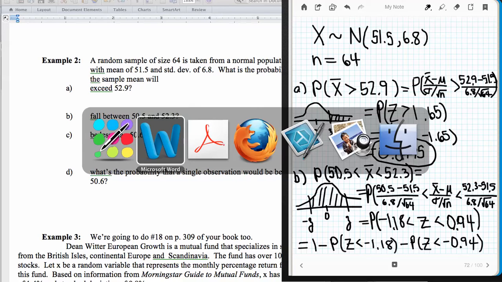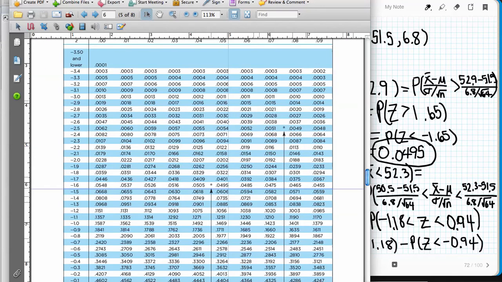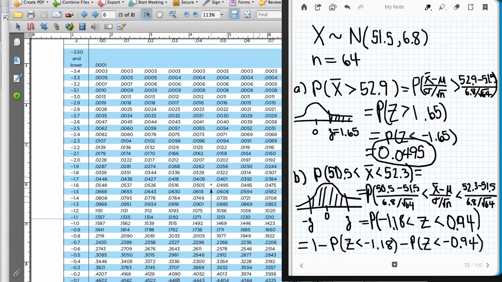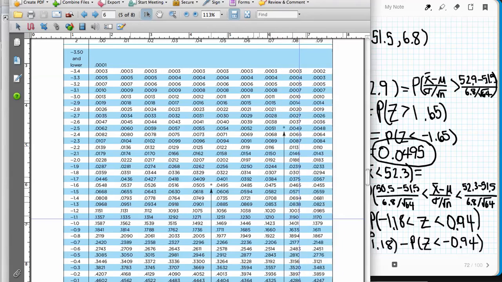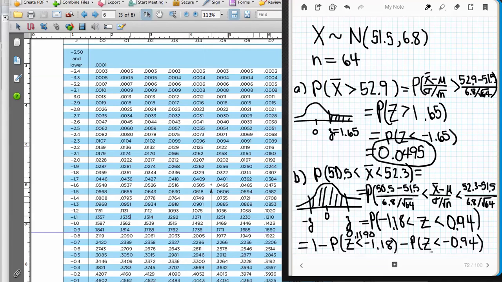So I'll go back to my table and I'm looking up a 1.18. So 1.1 and then 8, and that would be 0.1190. So 0.1190 is my probability there, and then 0.94, so 0.9 and then 4 there. There's my 4, and my probability is 0.1736.